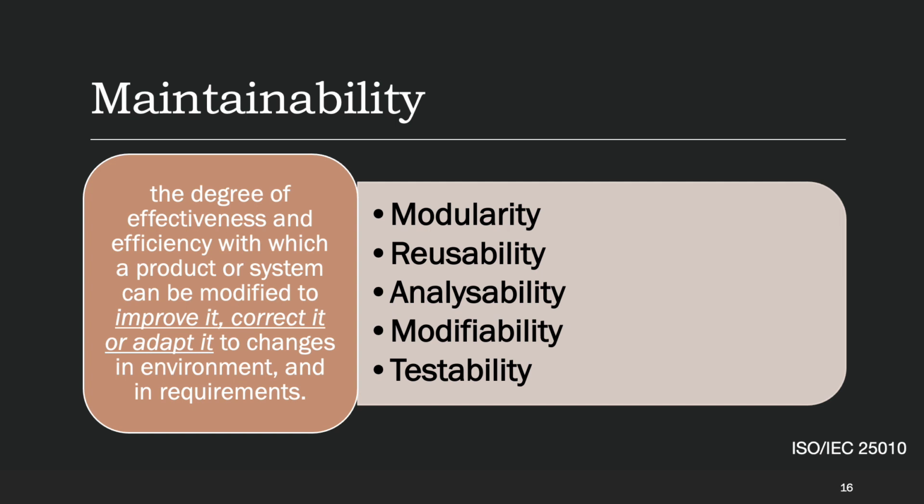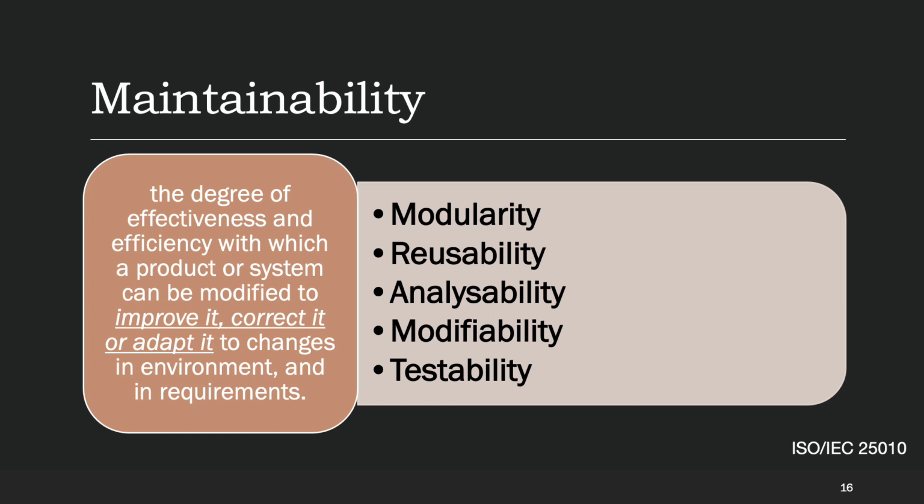Then we have analyzability, which is the degree of effectiveness and efficiency with which it's possible to assess the impact on a system of an intended change to one or more of its parts, or to diagnose a product for deficiencies or causes of failure, or to identify parts to be modified.